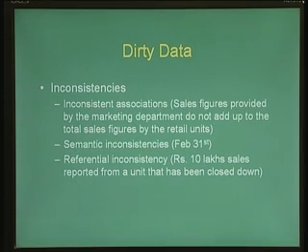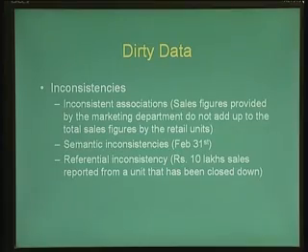And other kinds of inconsistencies, like inconsistent associations. That is, let us say one department says that the sales have been so and so, but it does not add up to the total sales figure that has also been provided. So associations across different data sources may be inconsistent, and there could be semantic inconsistencies.